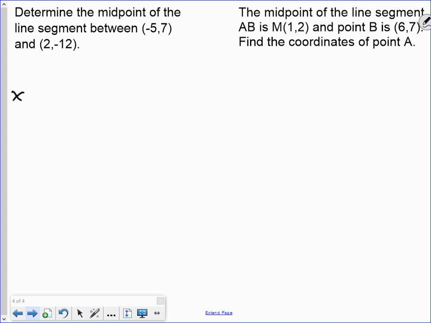All right, I'm going to start with the two parts of my midpoint formula: (x1 plus x2) divided by 2, and (y1 plus y2) divided by 2. And then in the question, I'm going to label one of my points x1, y1, another one x2, y2.